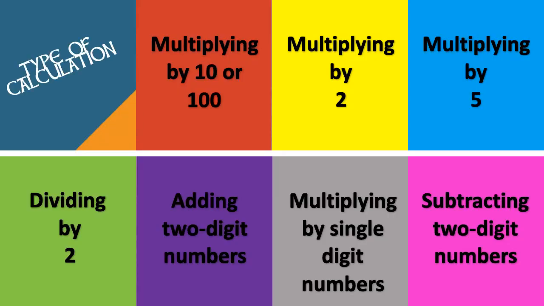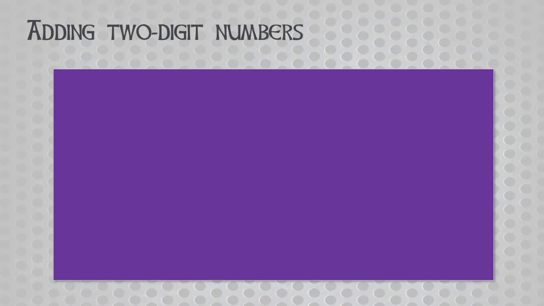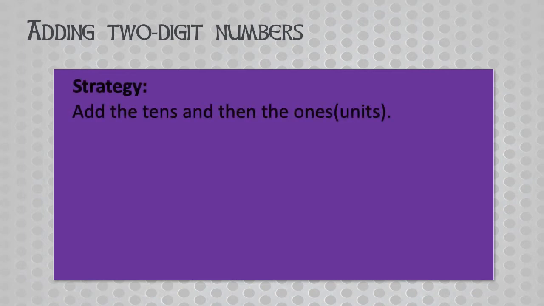So let's dive in. Let's begin by adding two-digit numbers. When adding two-digit numbers, I wonder what the strategy could possibly be. Well, the strategy here is to add the tens and then the ones, or units as they're sometimes called.